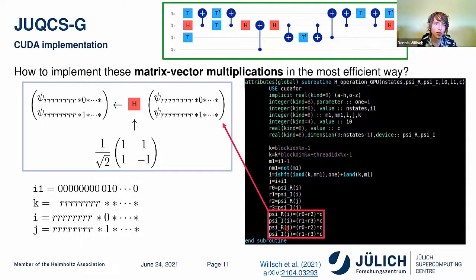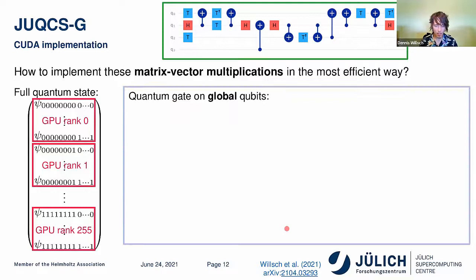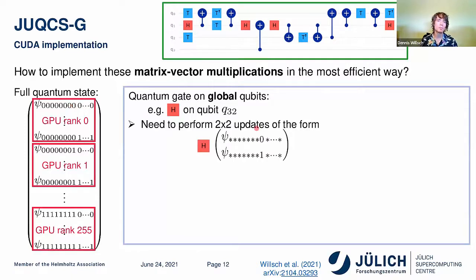So now what is the difficult thing in this simulation? This comes in when we have a quantum gate on a global qubit. So let's look at an example of a Hadamard gate on qubit 32. Qubit 32, counting from the right, is this one here. And now we see the problem. We need to perform 2x2 updates of this form.